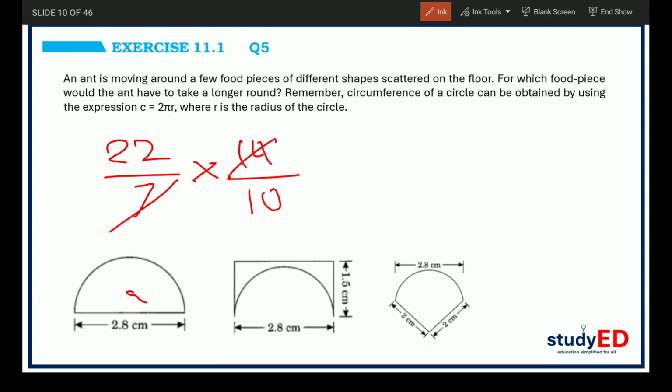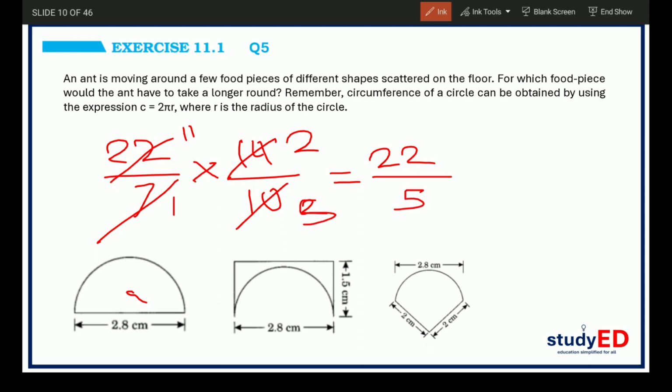So if we cut this, we get 2 here, 1. Cut this off, 11 and 2, which is 22 by 5, which then gives us the answer of 4.4. I hope you guys got that.